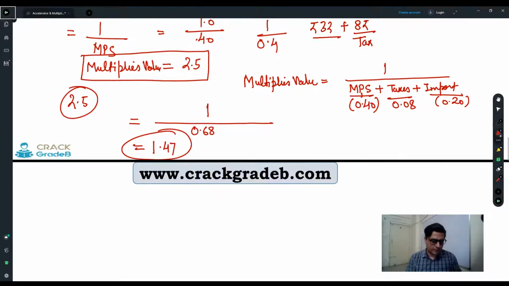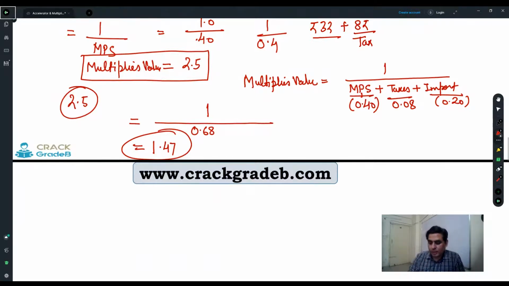I hope there is clarity. Is it clear why the value is 1.47?